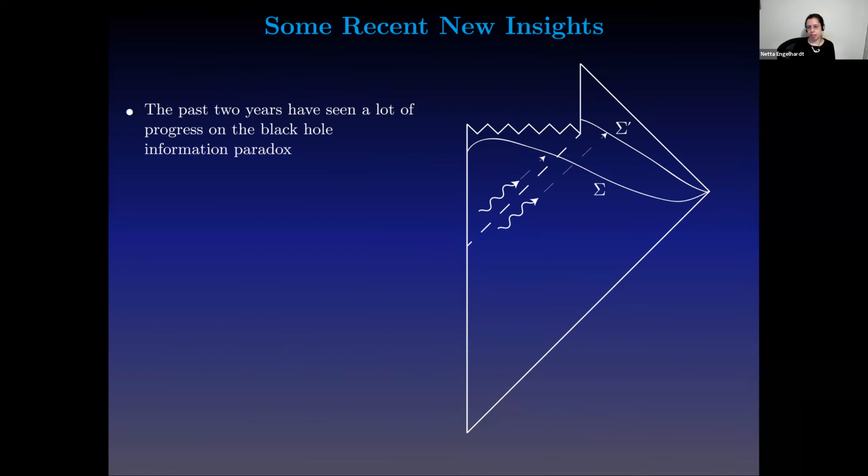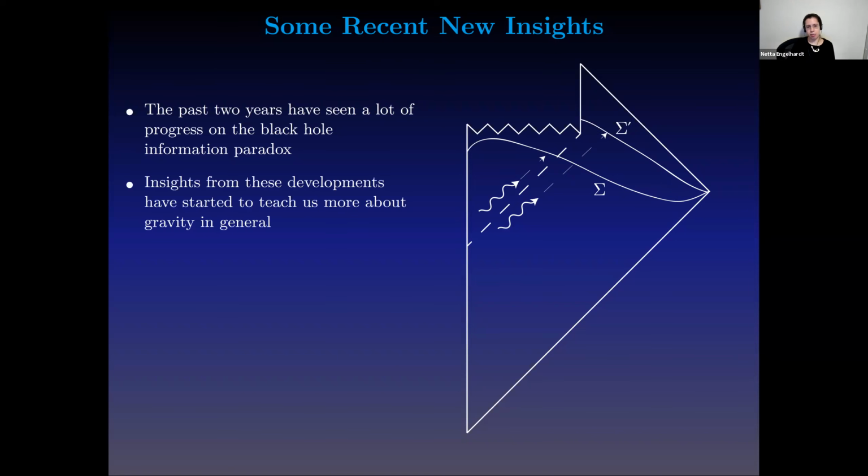So here I've drawn the usual evaporating asymptotically flat black hole, and the paradigm that we are very familiar with from back in the mid-70s. And of course, in the past couple of years, we really have made a lot of progress on the front of the information paradox. This was precipitated by calculations of the Page curve and has really taken off in many different directions.